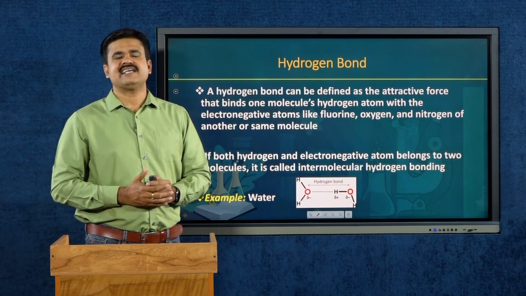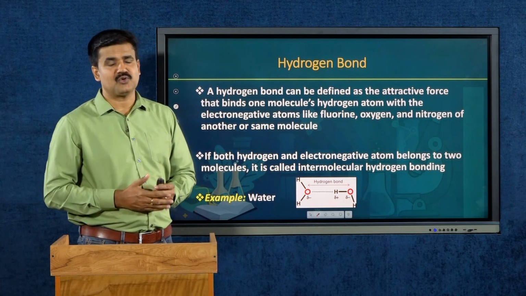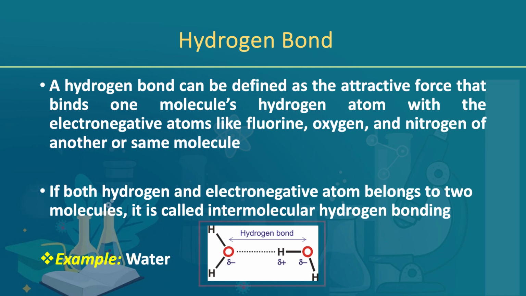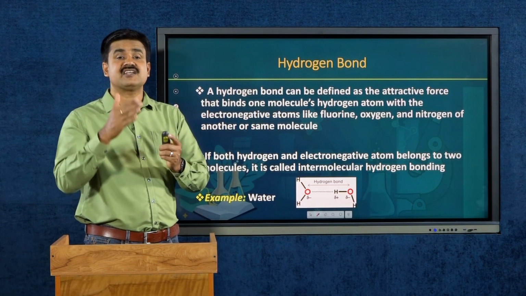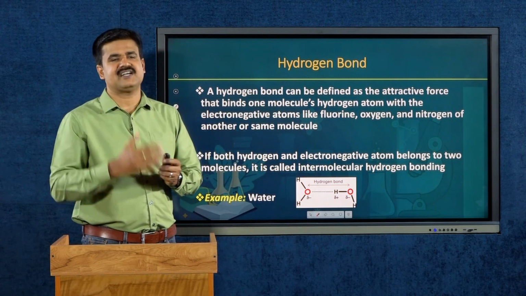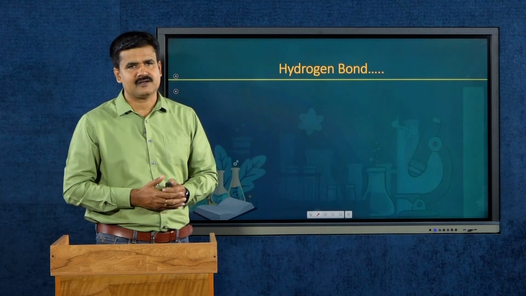A simple example of a molecule with intermolecular hydrogen bonding is the water molecule. In water, there exists some force of attraction between the hydrogen atom of the first water molecule and the oxygen atom of the second water molecule. So, the force of attraction is between two molecules. Such a force of attraction is termed intermolecular hydrogen bonding.